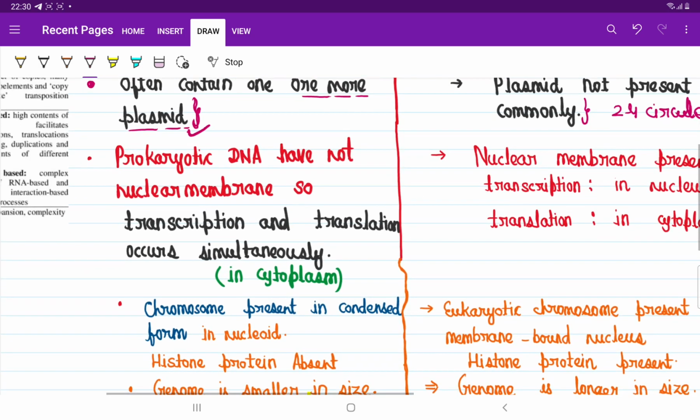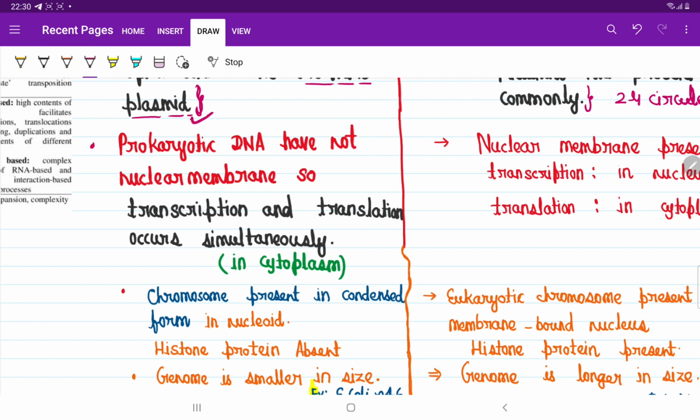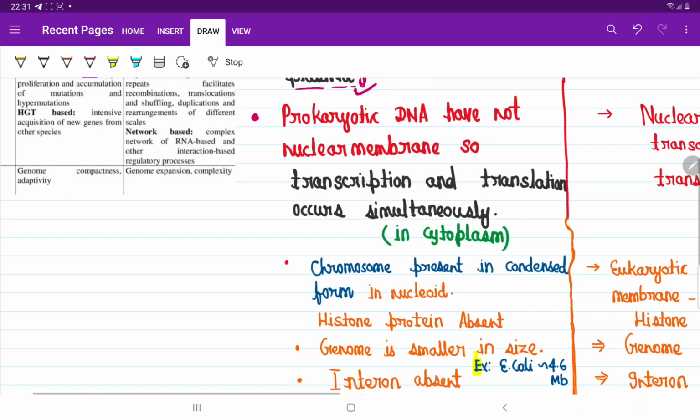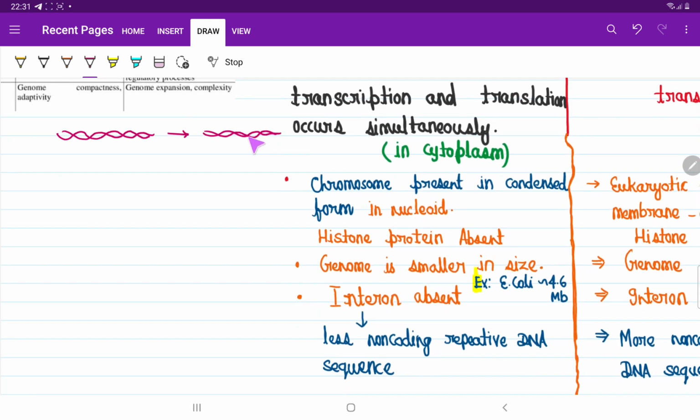Next, you see the prokaryotic DNA. The process of formation of DNA is called replication. We have one DNA, and when any organism has to form another copy of the cell, they have to form another copy of their DNA.